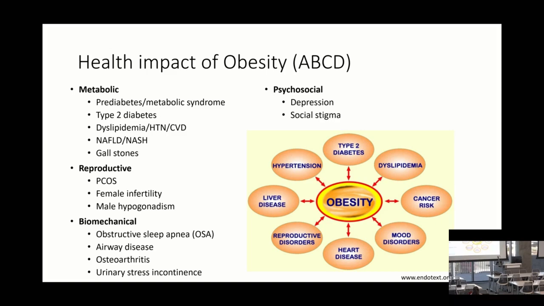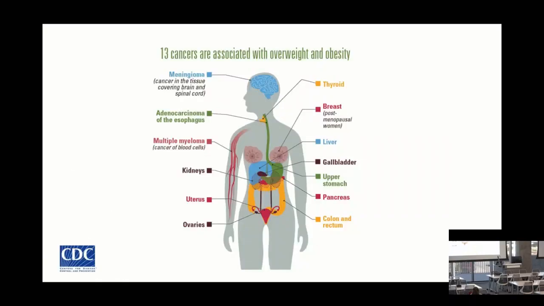Obstructive sleep apnea from the neck, airway disease, osteoarthritis, the weight of the body, stress incontinence, even peptic ulcer, acid reflux in the GI tract. That also can be related to excess body fat. And then psychosocial impact, things like depression and social stigma. Also, there are cancers that are related to obesity. These are all the different cancers that have been linked to obesity.